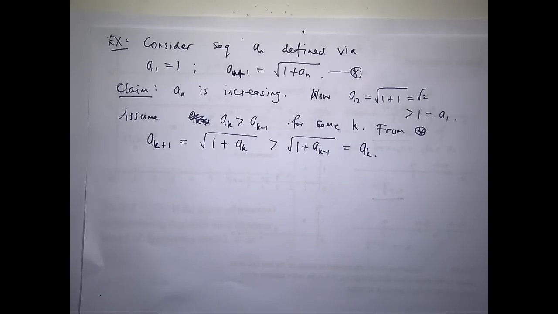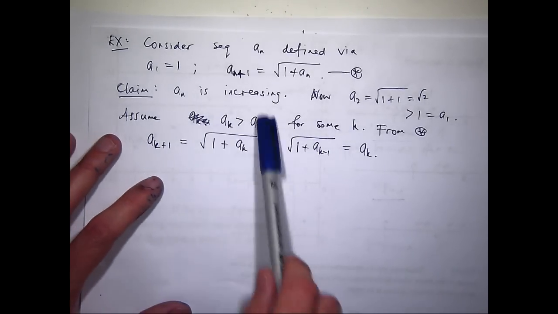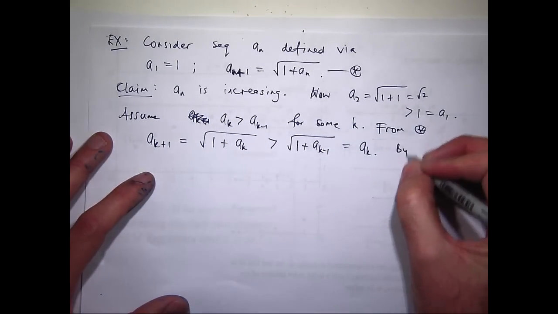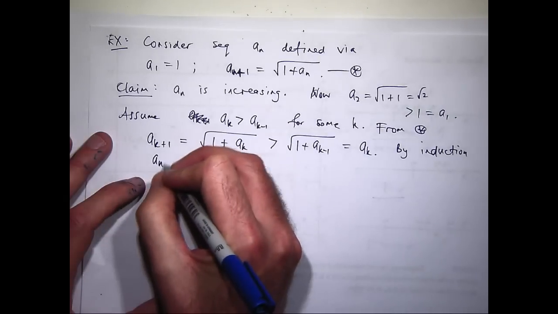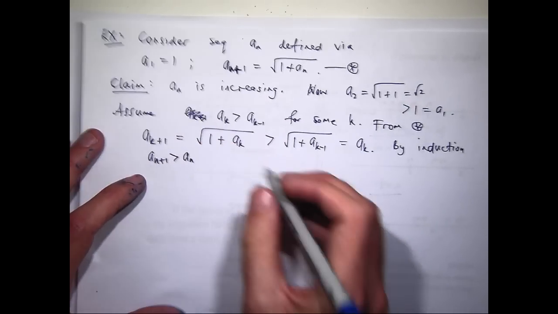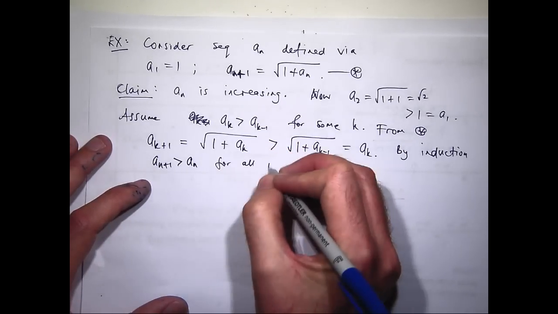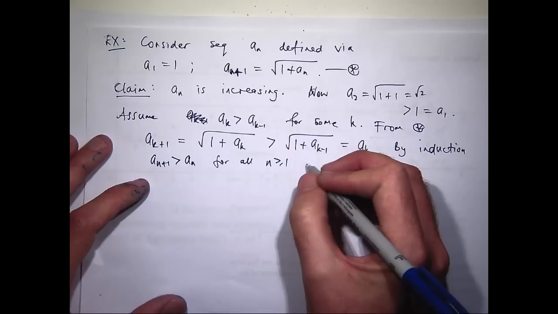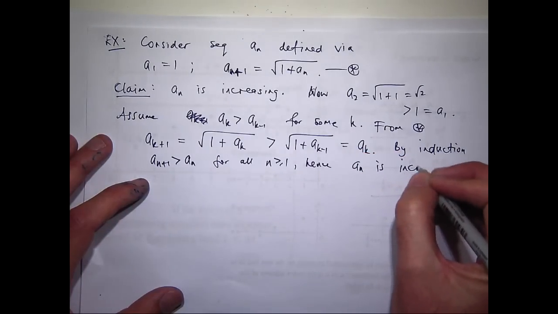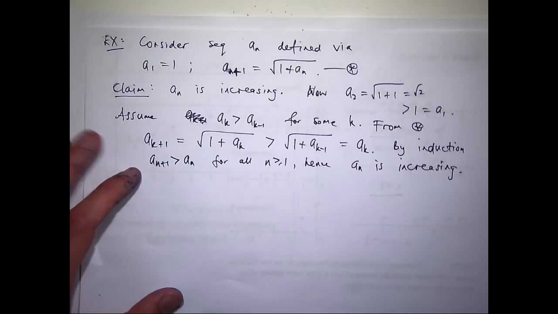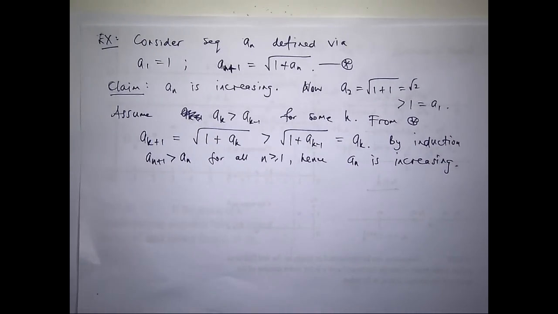So by induction, this must be true for every n. So, yep, my sequence really is increasing. Okay, so that's one half of the conditions of my monotone convergence theorem. I've shown that it's monotonic.